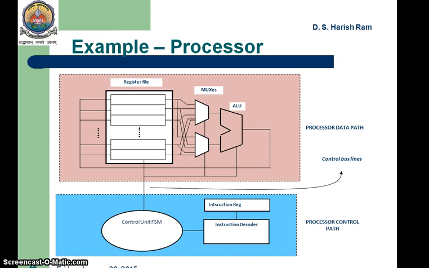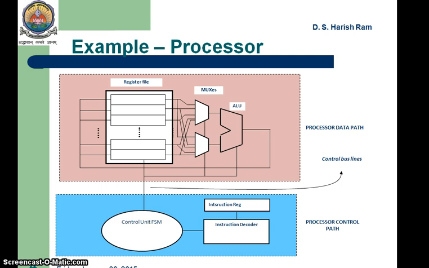In this slide, we have a slightly more complex system which is expressed at the RTL level of abstraction. So here a simple processor is represented at the RTL level, and you can see that the data path in the processor consists of all the registers that make up the register file, then the muxes which are responsible for routing the data from the registers to the ALU, and also the ALU itself.